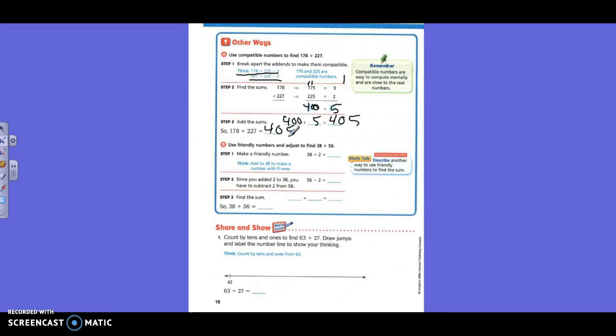To make 38 an easier number, you can just go up, add 2 to 38 to make it a tens. 38 plus 2, everybody, is 40. And then if you add 2 to 38, you have to subtract 2 from 56.